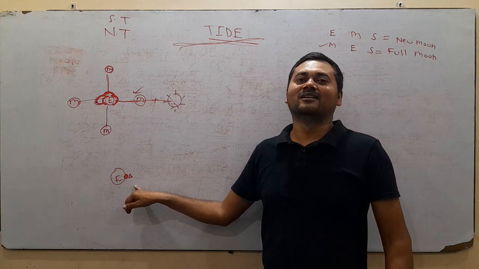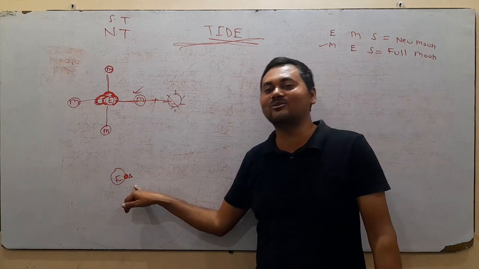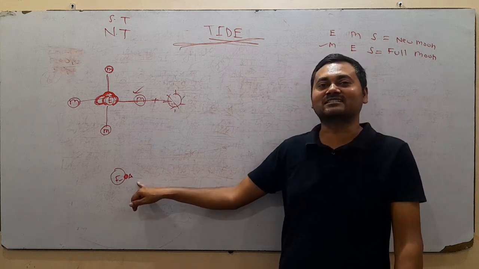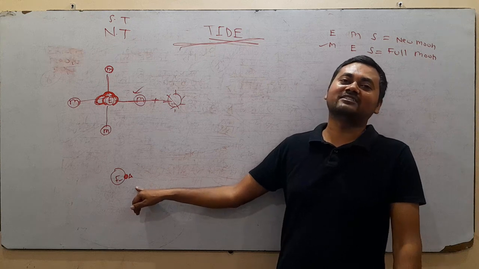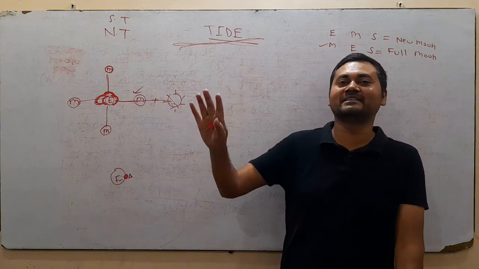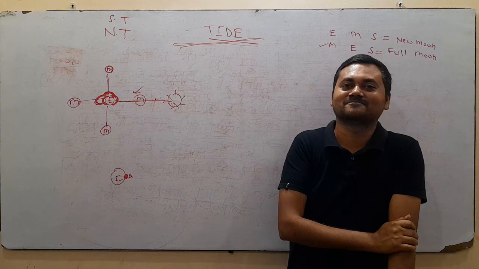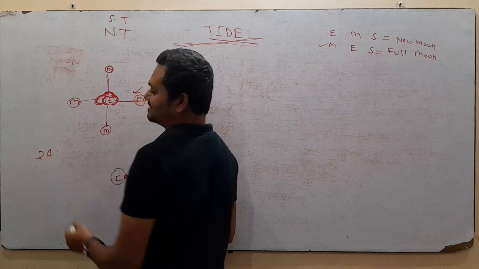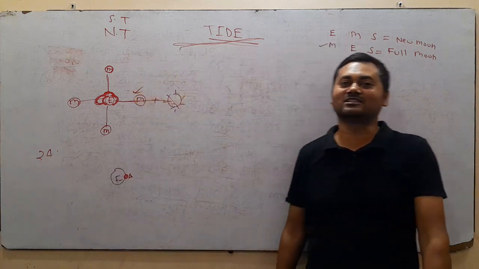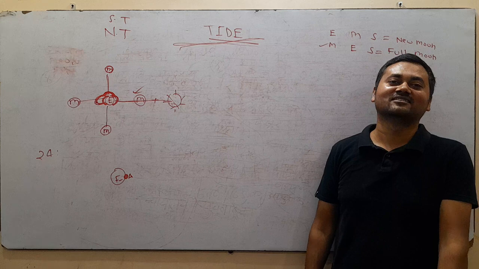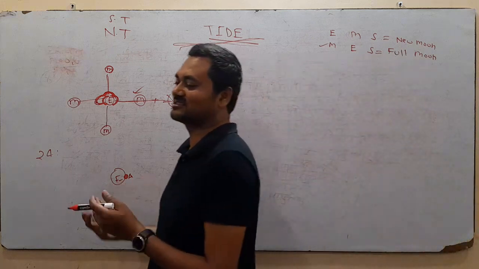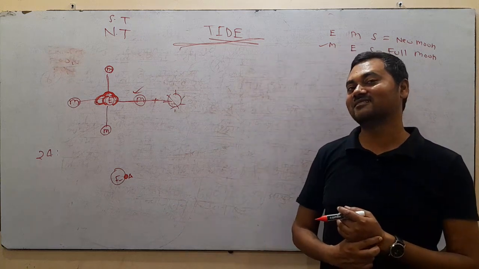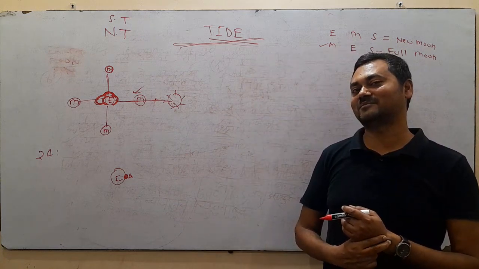Okay, my question is, after how many hours will the same place experience the same kind of spring tide? The options are before you: 24 hours 30 minutes, 24 hours 40 minutes, 24 hours 50 minutes, 24 hours 60 minutes. It cannot be that, otherwise it will be 25 hours. Yeah? Every 12 hours. After every 12 hours.